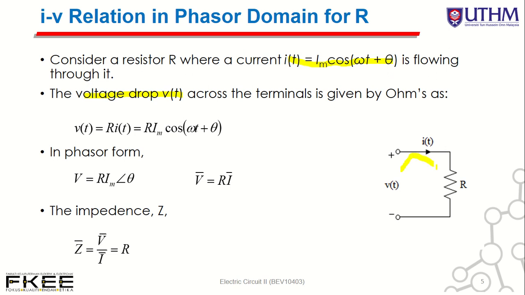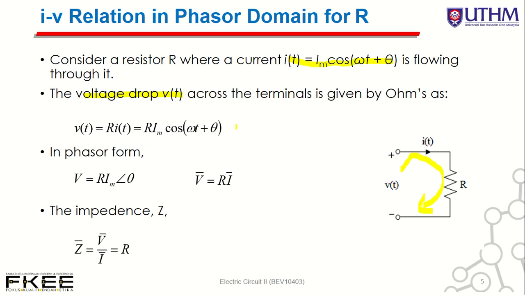Ohm's law: V equals IR. So v(t) in the time domain equals R times i(t), where R is a constant and i(t) equals Im cos(omega t plus theta).